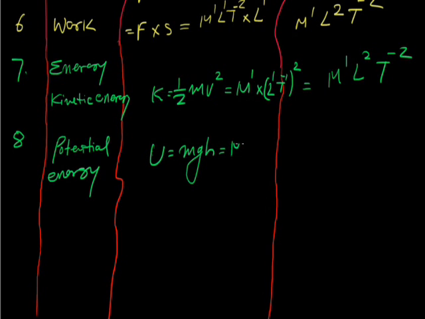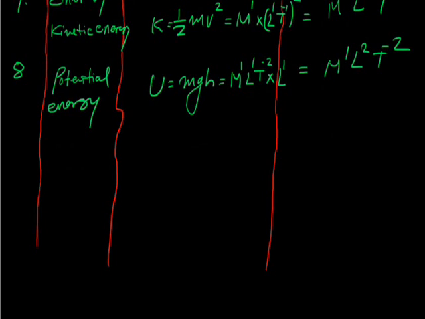Here m is mass 1, g acceleration is L1 T minus 2, and h is height, which is measured by the unit of length. So it will be again M1 L2 T minus 2. So the dimension of all the energies, kinetic energy and potential energy, will be equal to the work done.